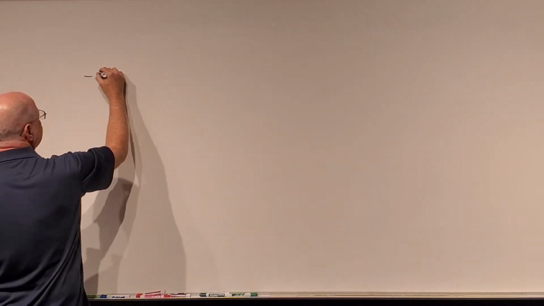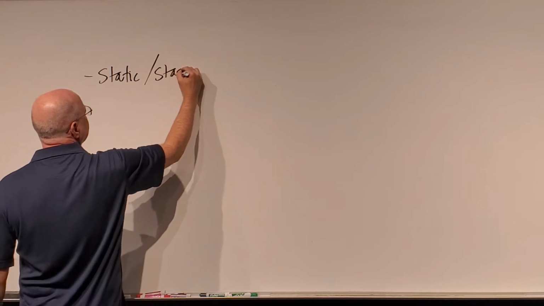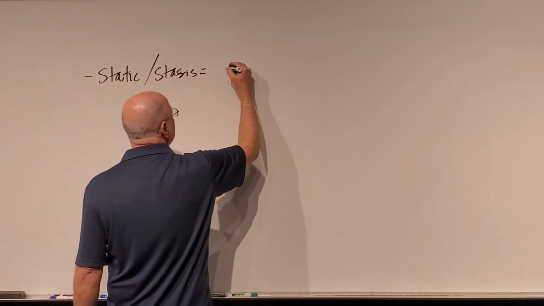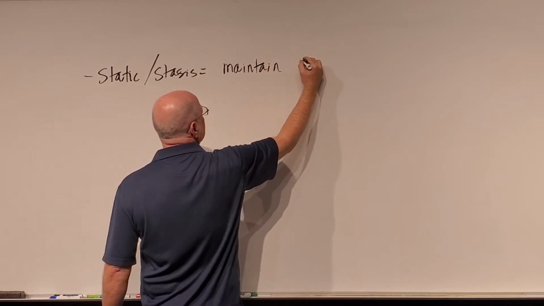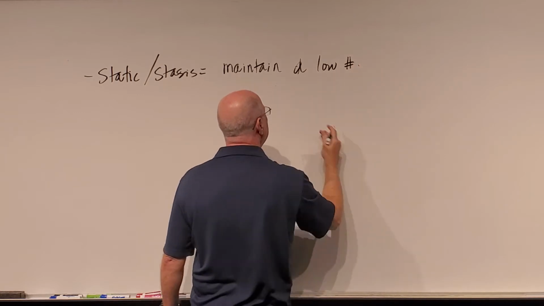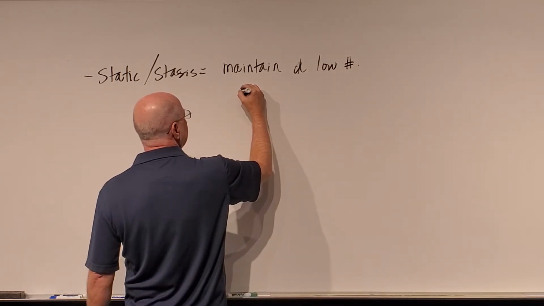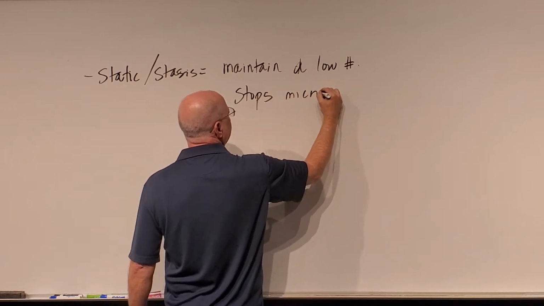When we talk about something as being static, or we talk about the term stasis, that means to maintain a low number. Okay? Or basically it's something that stops microbe growth.